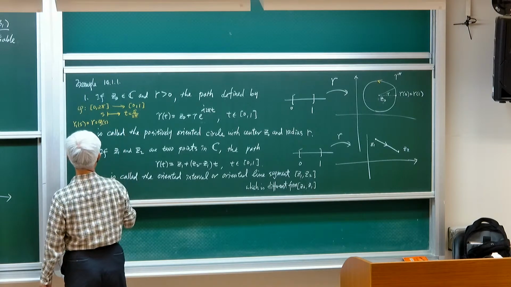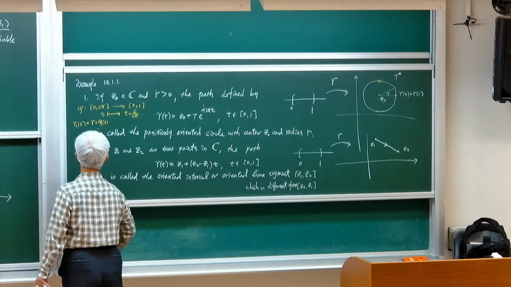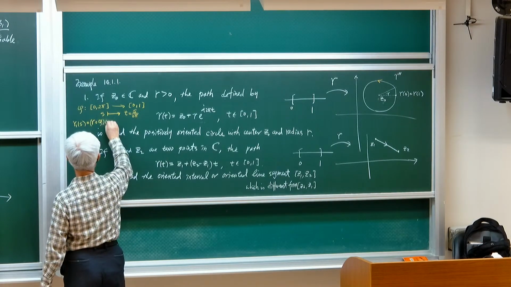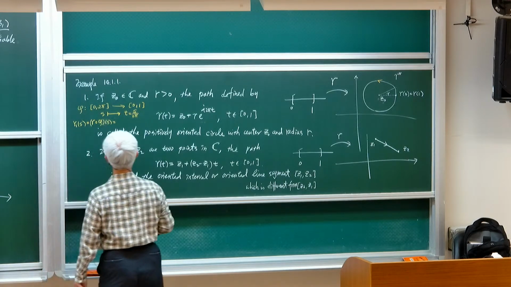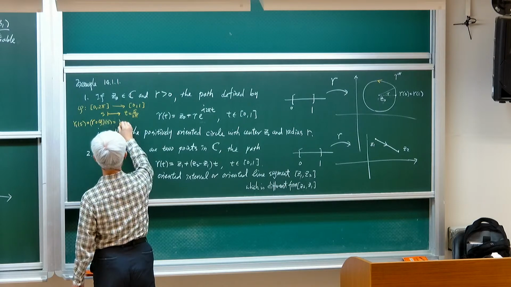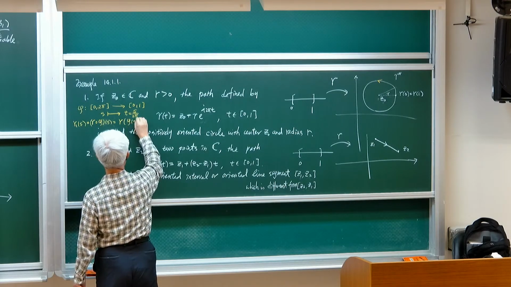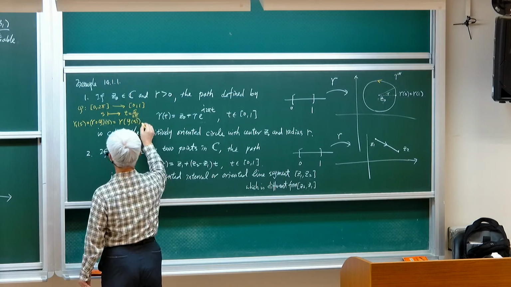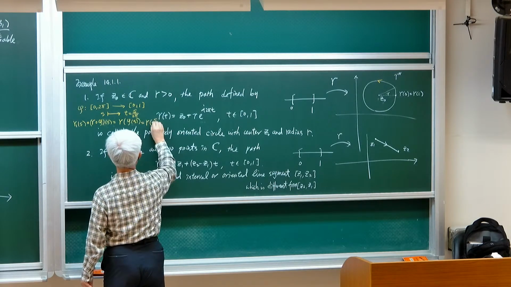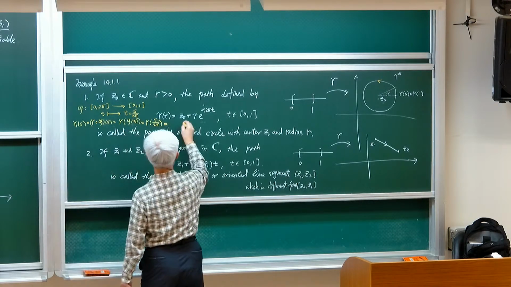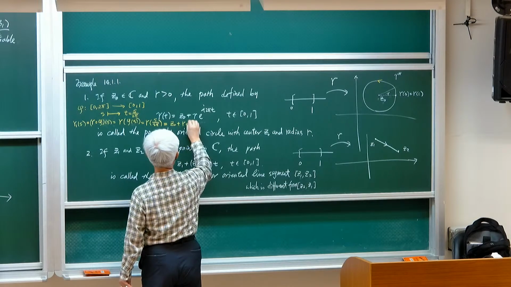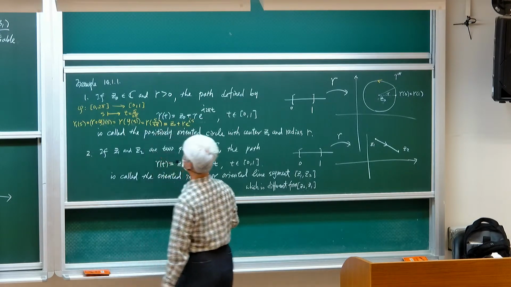So this is gamma of phi of x, which is z0 plus r e to the I s.